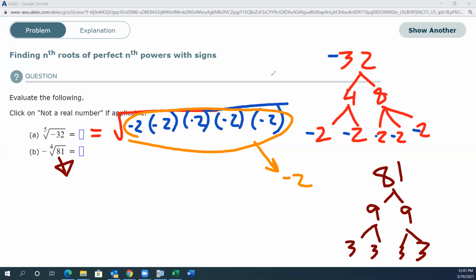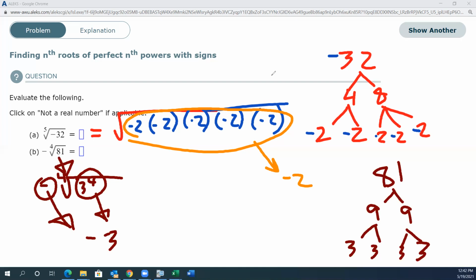I don't need to worry about negatives or anything. I can just say, well, that's negative the 4th root of 3 to the 4th power. So, hey, look, there's 4 things right there. So 4 3's makes a single set. And now this minus sign that was out front, it never does anything. It just stays there. And the answer is negative 3. And that's how it's done.